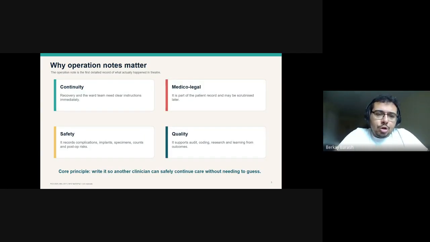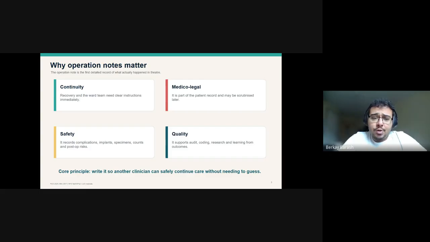Because they ensure that continuity of care is present, in terms of what has happened in the operation. We can think about it in a medicolegal term: you are covering your back and also protecting your patient. Also, the safety aspect.